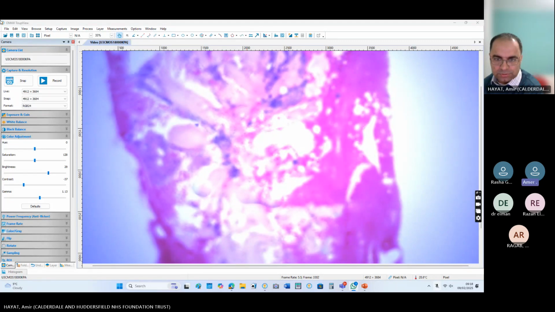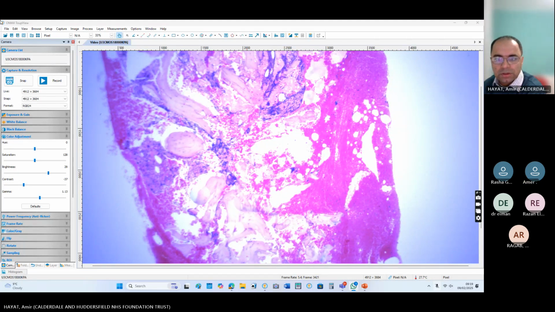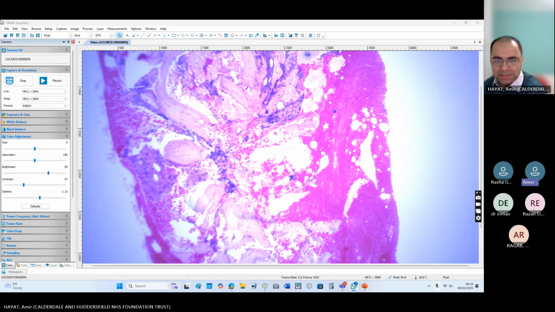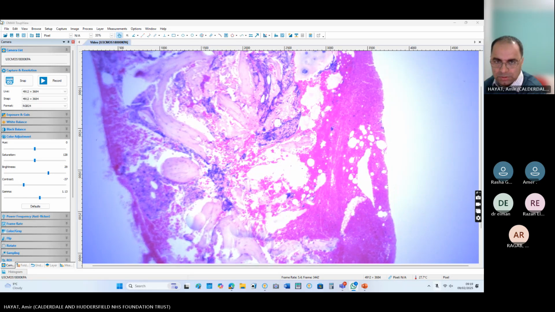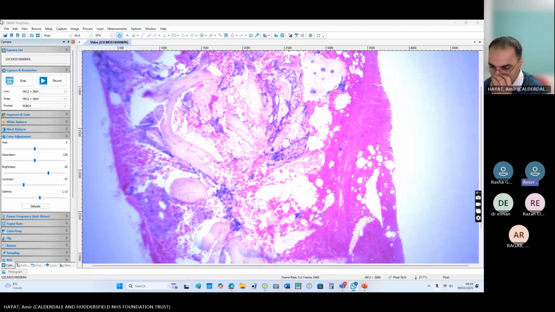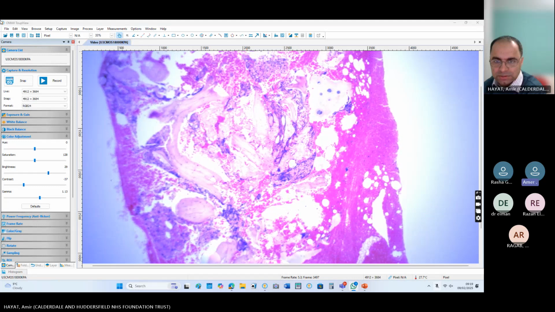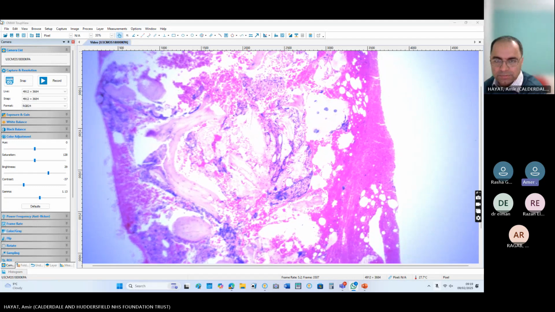This is power 4 for the trephine. Hope it is clear to you. This is H&E stain. Although we use a lot of stains in our HMDS diagnostic services, for the exam it is H&E that will appear.